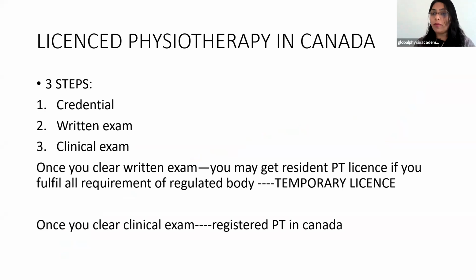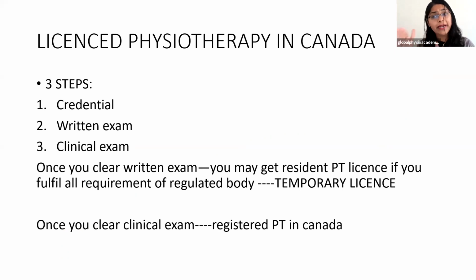So let's talk about the process. For licensing as a physiotherapist in Canada, there are 3 steps. First is credential, second is a written exam, and third is a clinical exam. As I told you, once you clear your written exam, you may get the resident PT license if you fulfill all the requirements of the regulatory body. That is a temporary license.